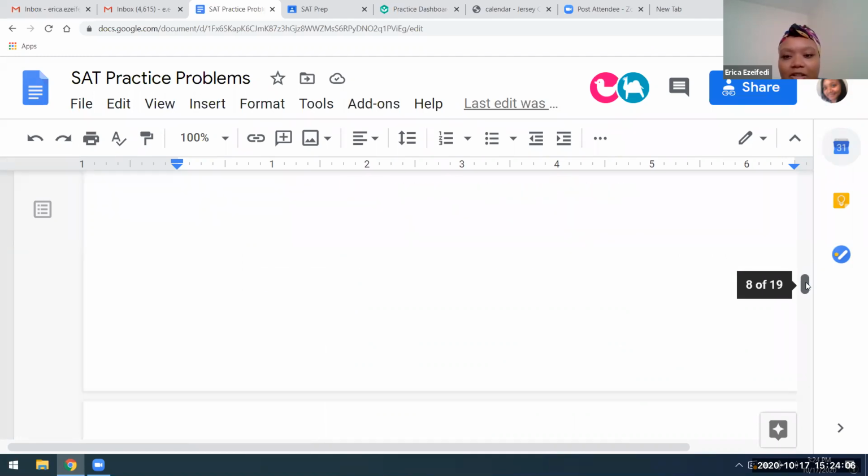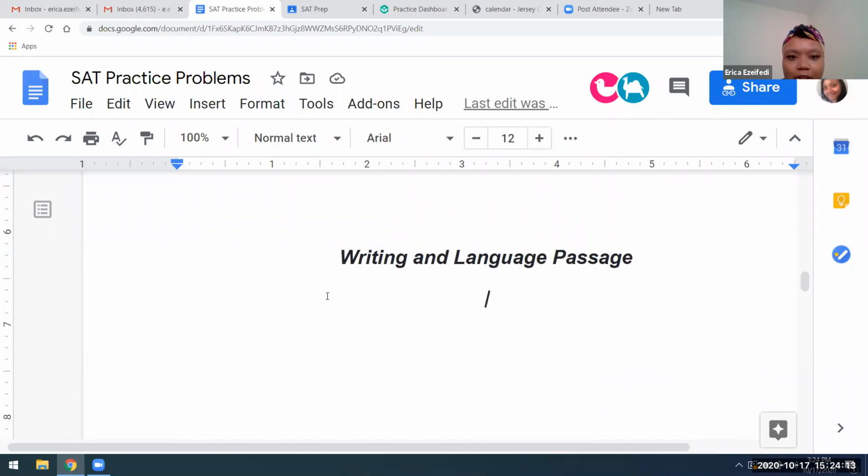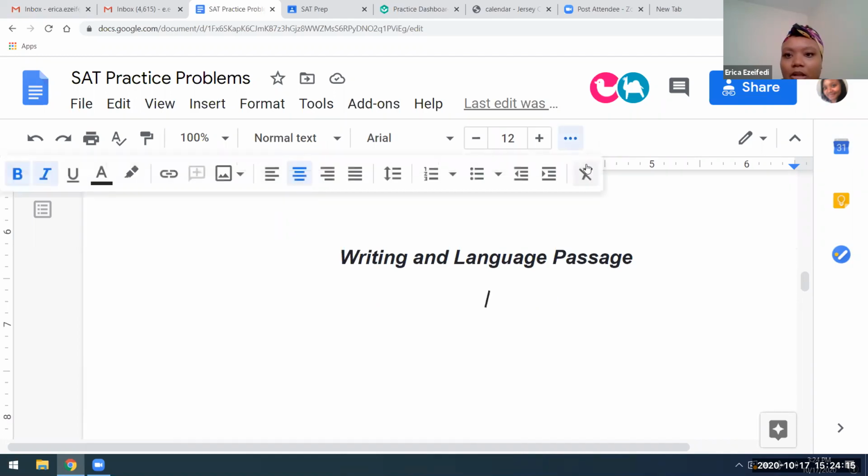So the writing and language passage. Before we get started on this, I'm going to tell you a couple of things to keep in mind.